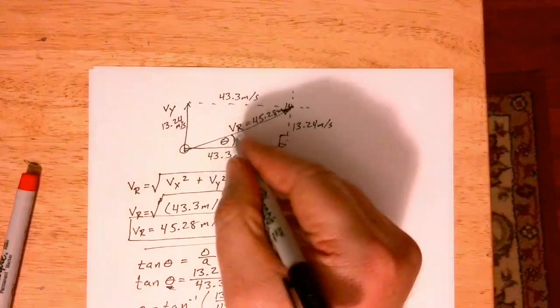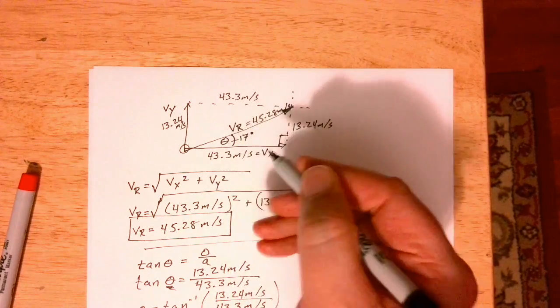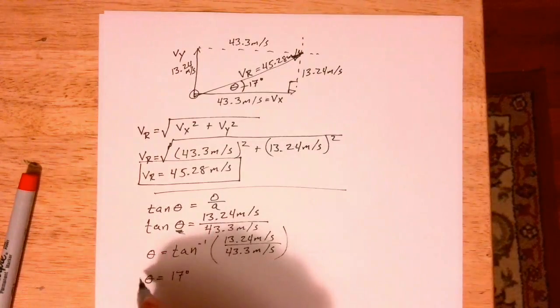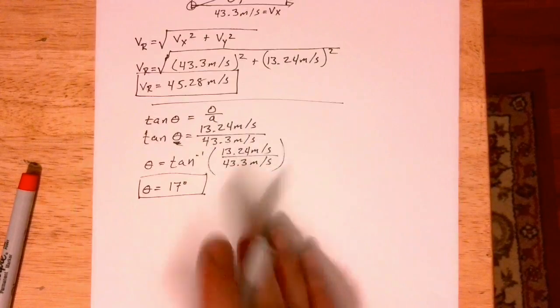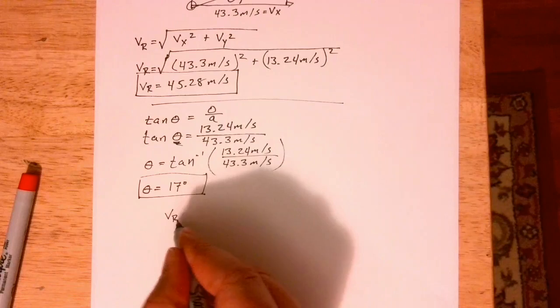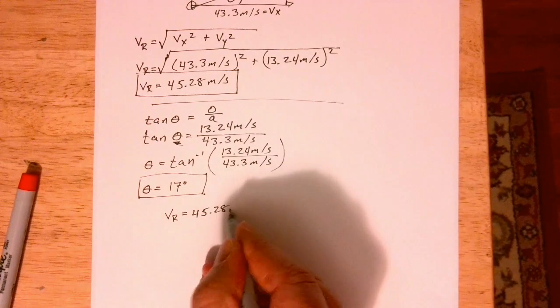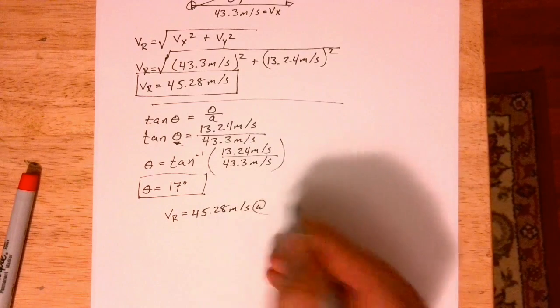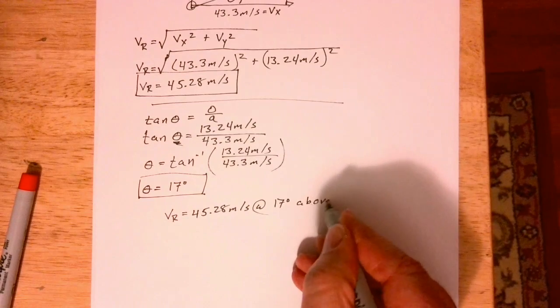So that means this angle here is a 17-degree angle. So that's my angle. So the resultant of this vector, my resulting velocity, is 45.28 meters per second at 17 degrees above horizontal.